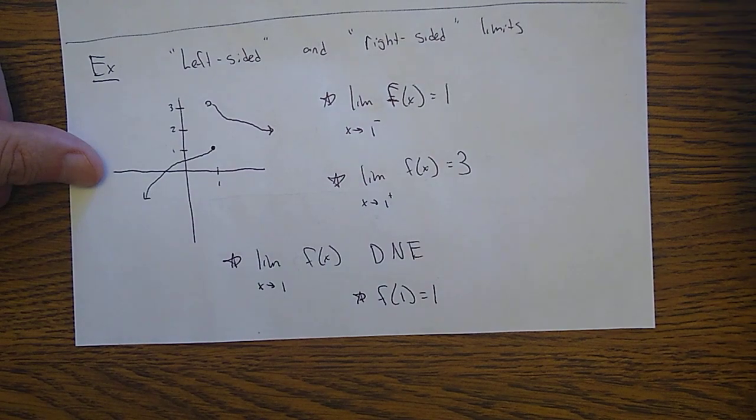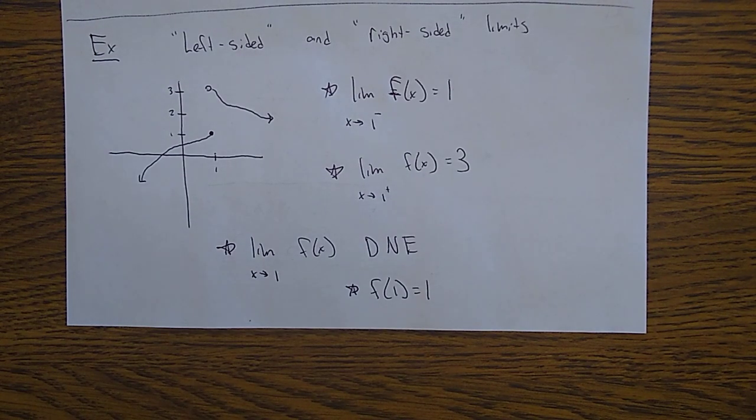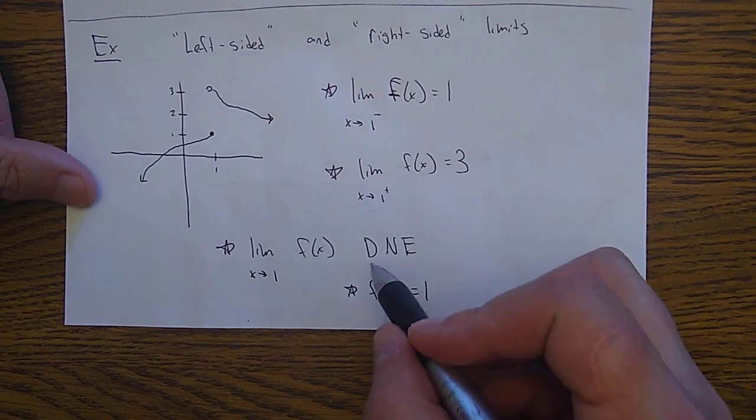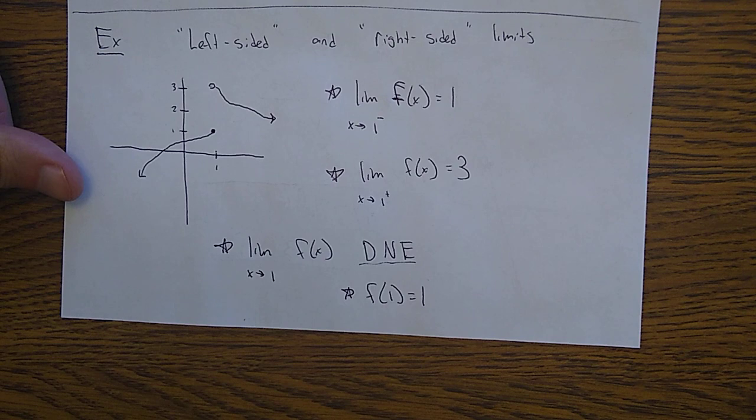There isn't really a specific number that f of x is approaching if I don't know which side x is on, whether it's to the left of 1 or to the right of 1. So we would say that this is my abbreviation for does not exist.